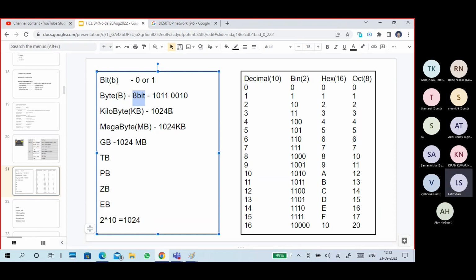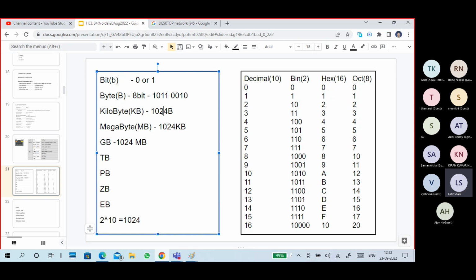Kilobyte means 1024 bytes. Kilo means here 1024. Normally, you go to grams: gram, kilogram. What is kilogram? 1000 grams is a kilogram. 1000 meters is a kilometer.